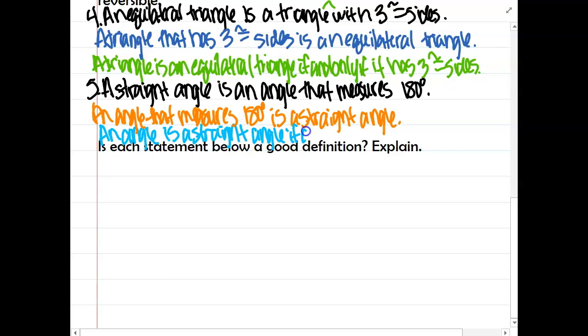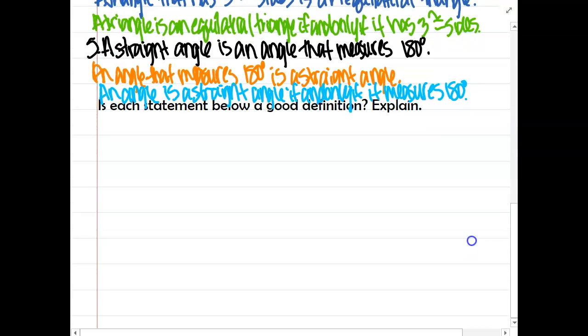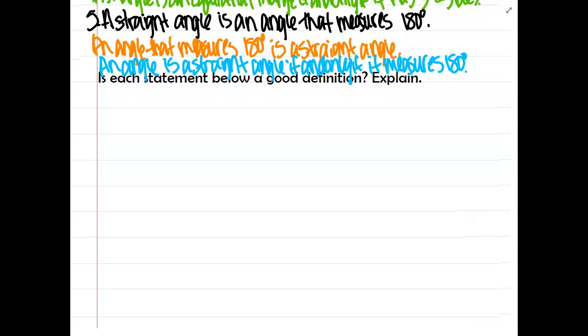Gotta have the if and only if it measures 180 degrees. Yeah, good. Okay, so we practiced reversing a statement. That's going to be the biggest thing, maybe I guess the hardest thing to check whenever we're talking about this idea of a good definition.